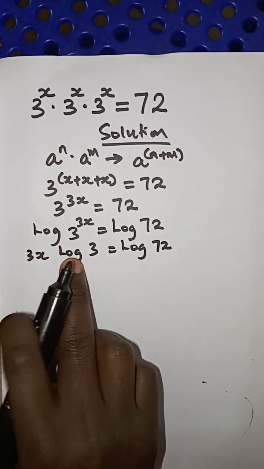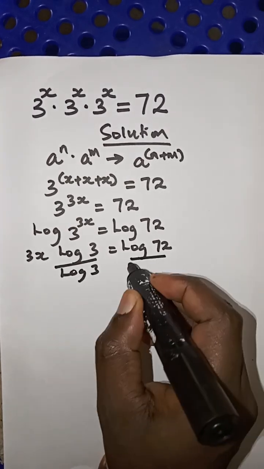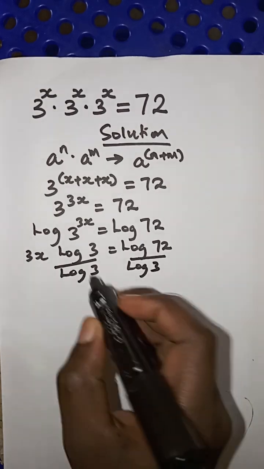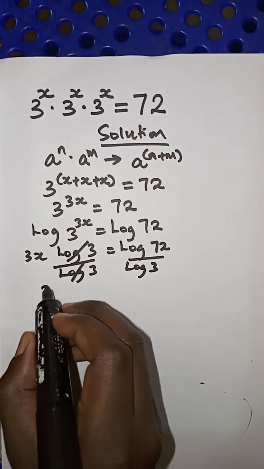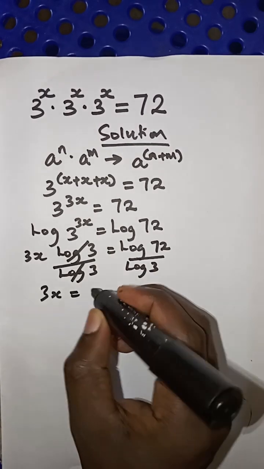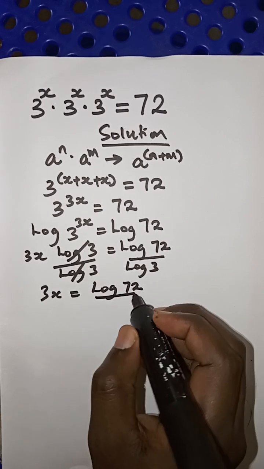Next, I'm going to divide all through by log 3, so that I end up with 3x equal to the log of 72 divided by the log of 3.